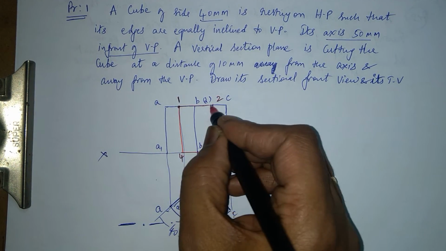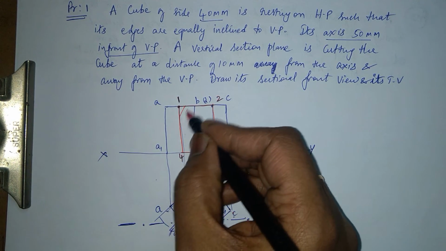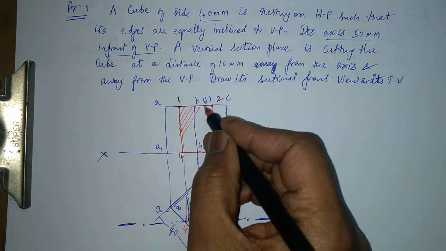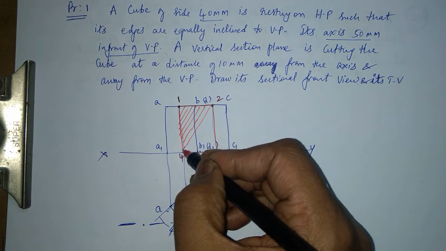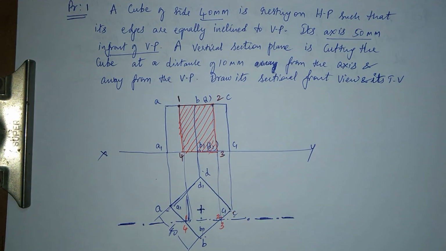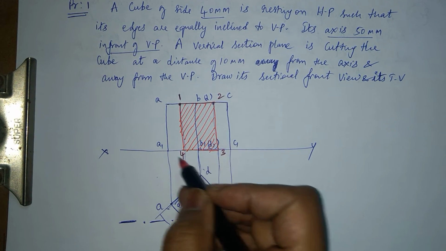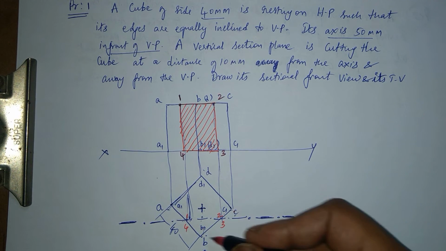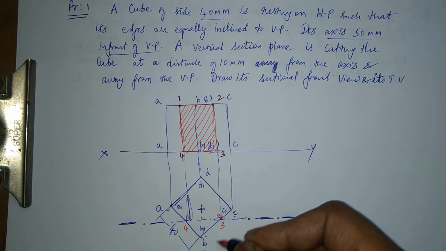The cut part I always show with hatched lines at 45 degrees to the XY line or X1Y1 line, depending on where it is. This is the remaining part of the solid. This part is removed.